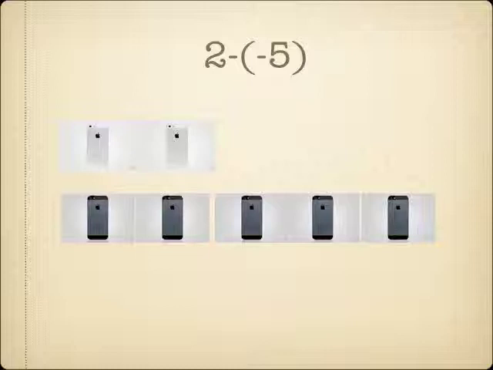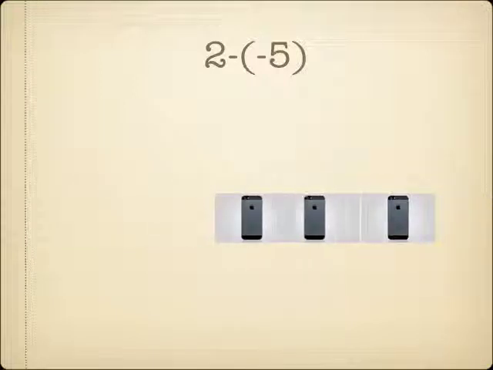And then we add 0 pairs again with 2 positives and 2 negatives. And then we'll take out those 0 pairs. And then we'll have a remaining of 3 black iPhones, which mean the answer is -3.